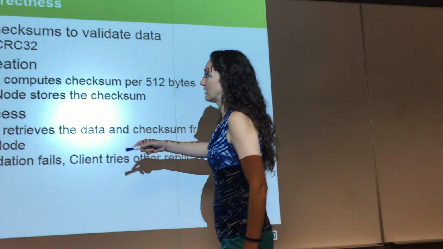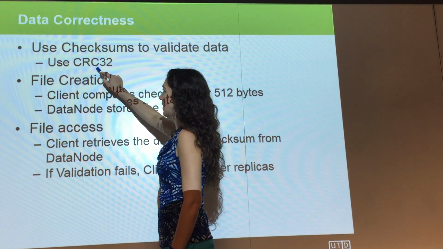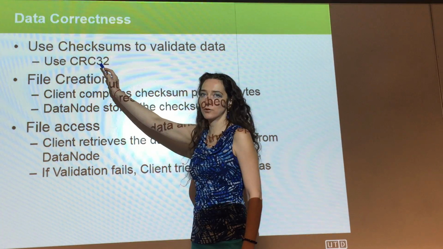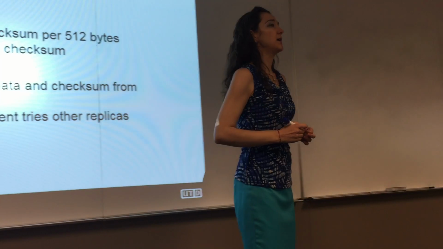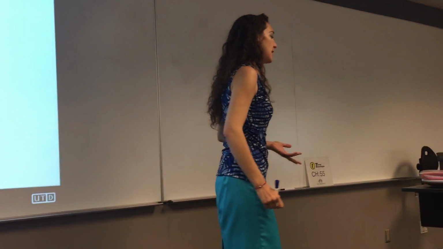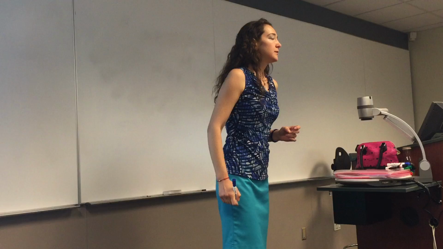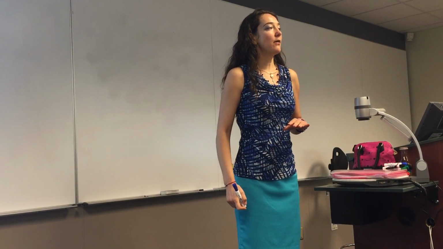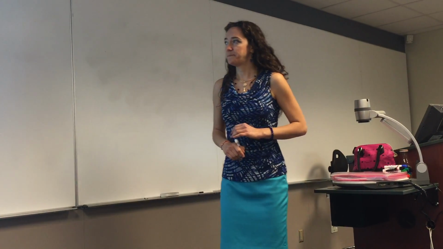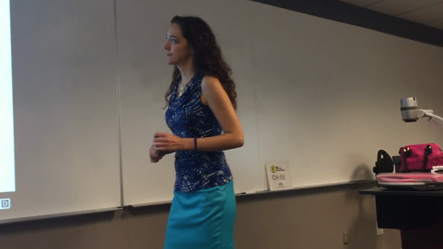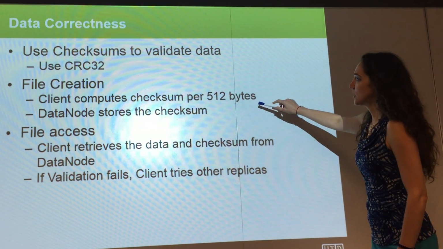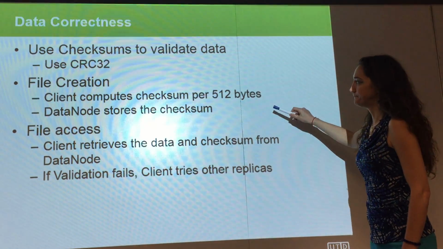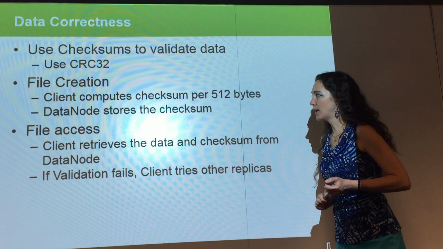And this thing right here, the cyclic redundancy check code, a 32-bit word, is just an algorithm that adds redundancy to the data and allows us to follow certain steps so we can detect if there's an error and also correct the error. So that's a checksum: when the file is created, we compute a checksum on every 512 bytes, and this checksum is stored at the data node.